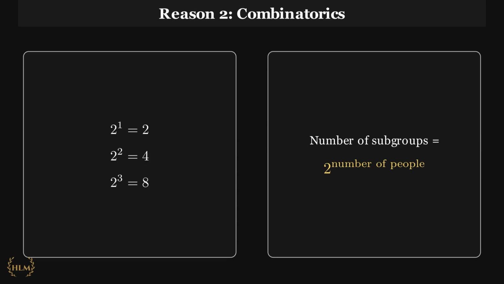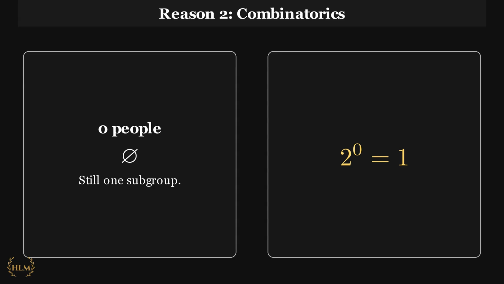And yes, we get 2 subgroups. If we have 2 people, then 2 to the power of 2 is 4. And yes, for 2 people, there's 4 subgroups. And then for 3 people, Ariel, Belle, and Carmen, 2 to the power of 3 is 8. And yes, there are 8 subgroups for 3 people.